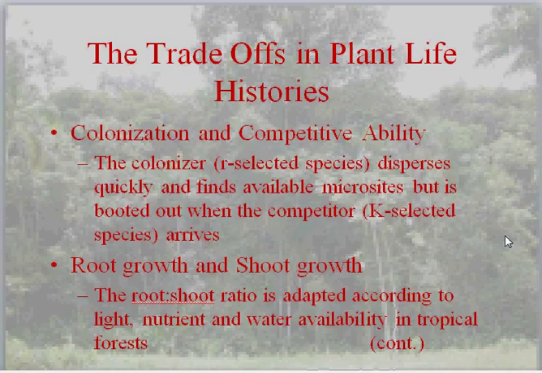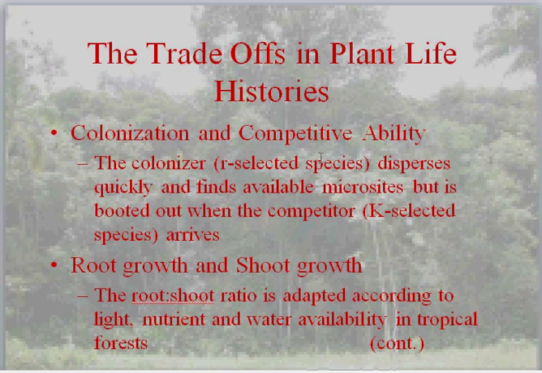So the colonizer will put less resources into survival, into building a large competitive structure, but the K-selected competitor species will invest first in survival, into building that large woody body which enables them to survive wherever they are.